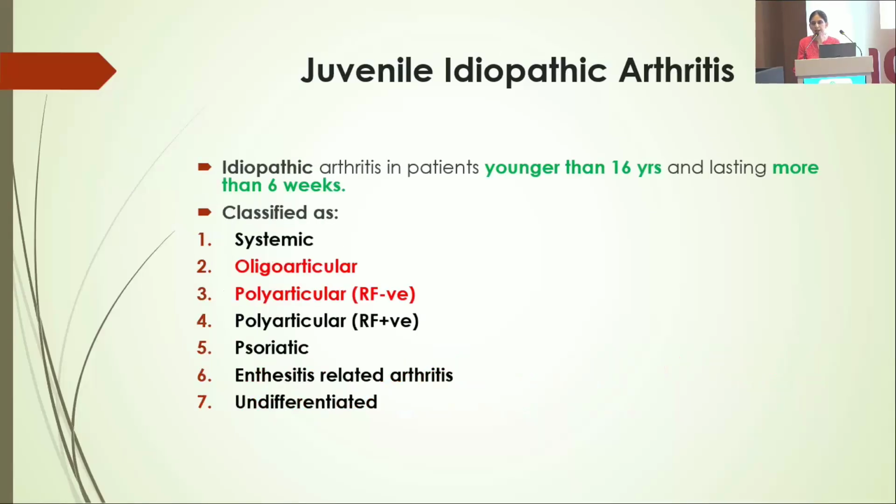Coming to juvenile idiopathic arthritis, a child coming to you less than 16 years of age with arthritis lasting more than 6 weeks, we classify into 7 subtypes, but of importance to ophthalmologists are oligoarticular and RF negative polyarticular.